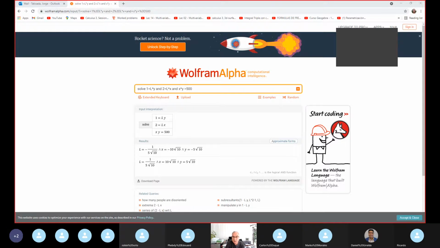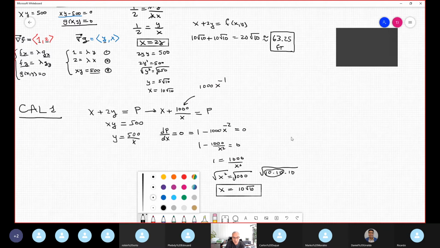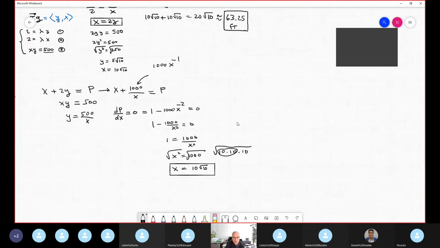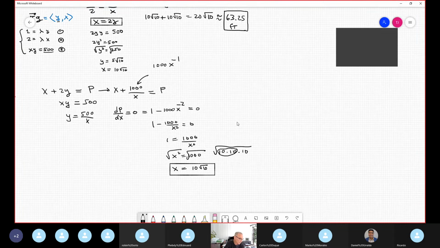Okay, another possibility, we are doing it by Calc 1. Maybe you use the second derivative test in Calc 1, no? How? Well, this expression can represent the first derivative, and you compute the second derivative of the perimeter with respect to x. Derivative of 1 is 0.